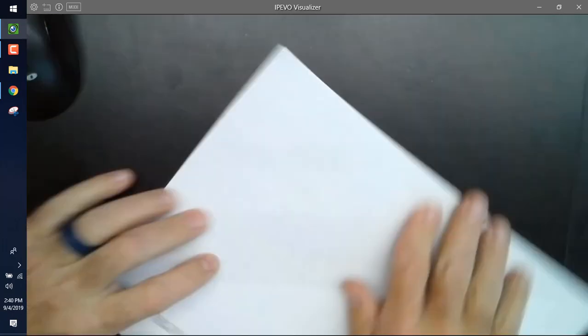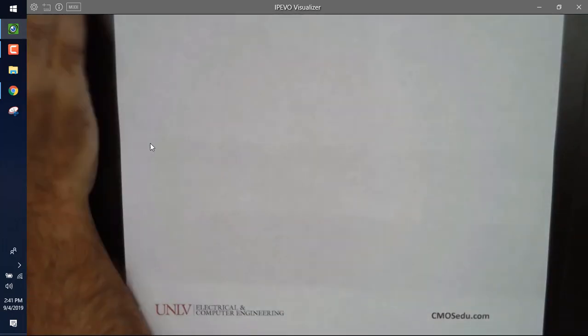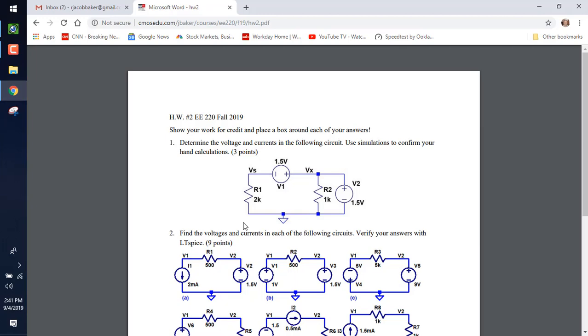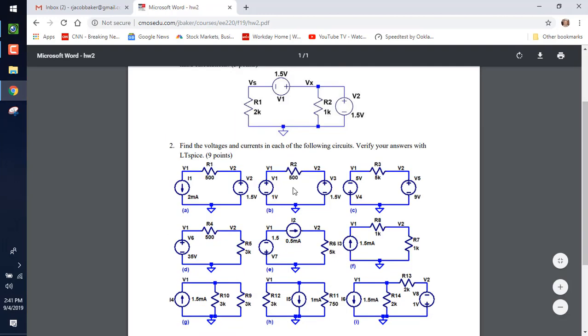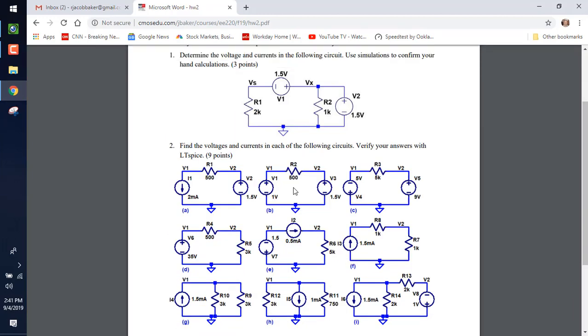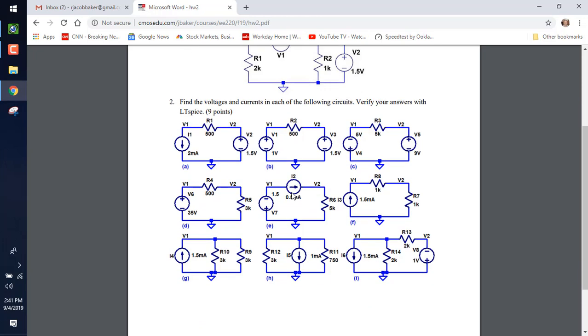And I have to copy it. I should have printed it out, but I didn't remember. So let's do this one. Let's talk real quick. What is the voltage V1? 1. What is the voltage V2? 1.5.